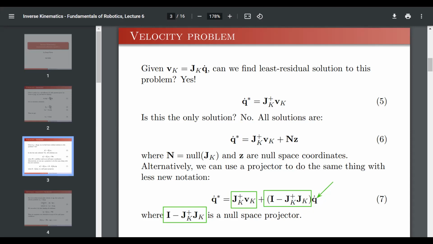It projects stuff into the null space of this matrix. Remember properties of the projectors. Projectors are n by n square matrices. So this is an n by n square matrix.